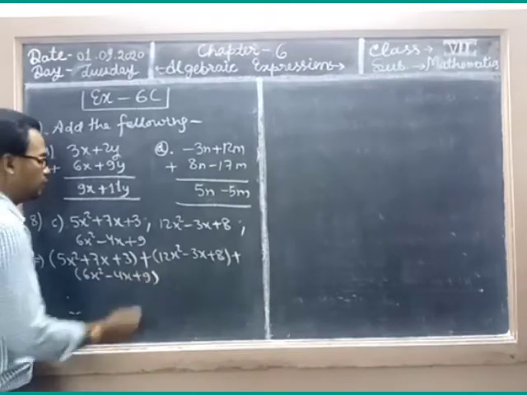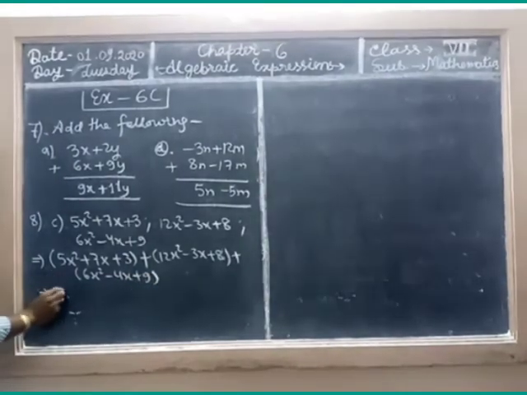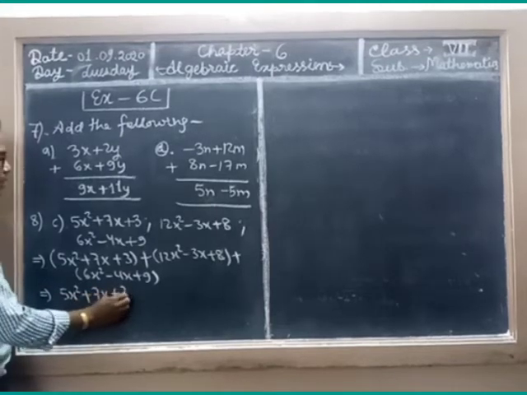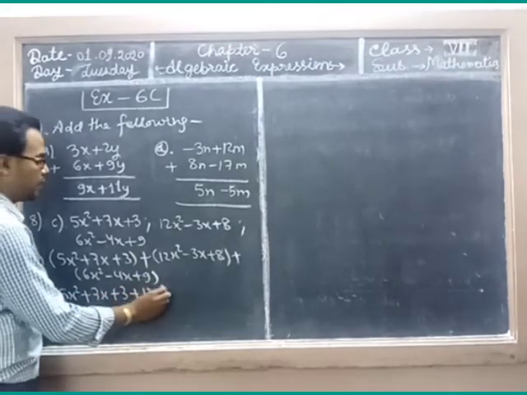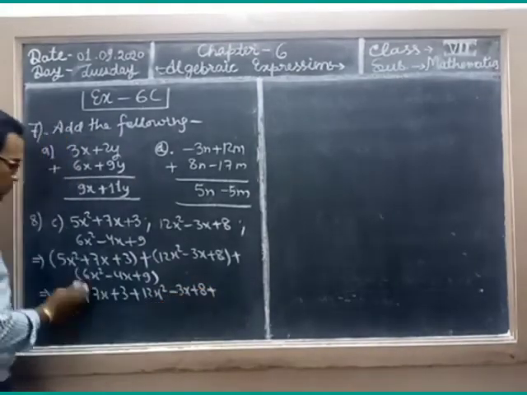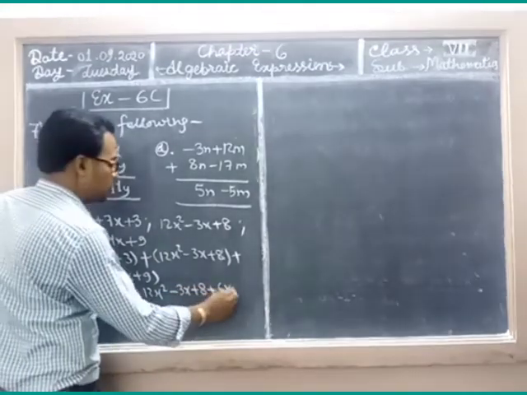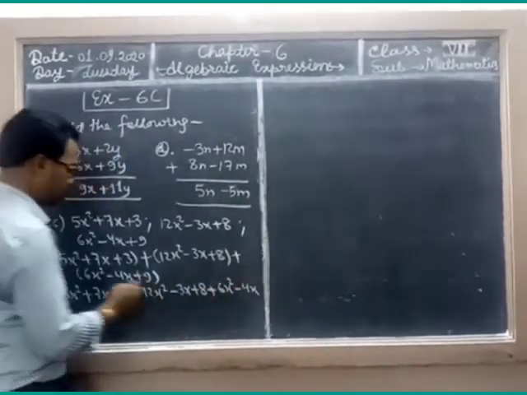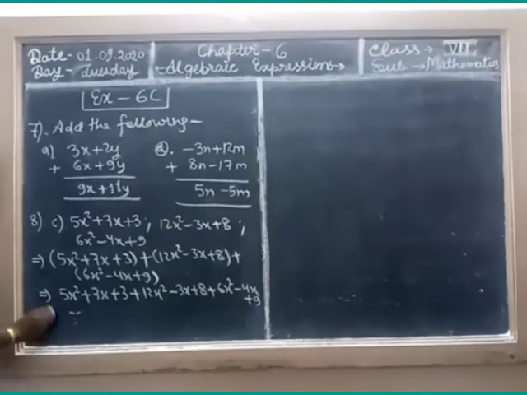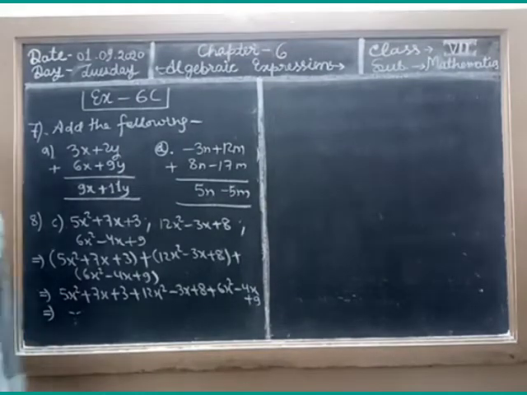Now we remove the brackets. So 5x square plus 7x plus 3 plus 12x square minus 3x plus 8 plus 6x square minus 4x plus 9. Now we arrange the like terms.